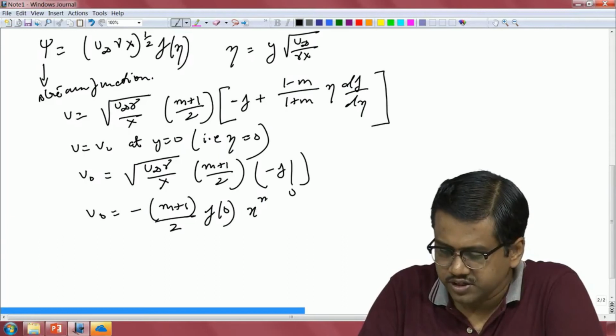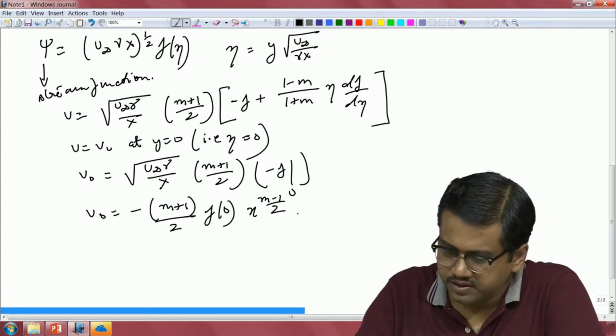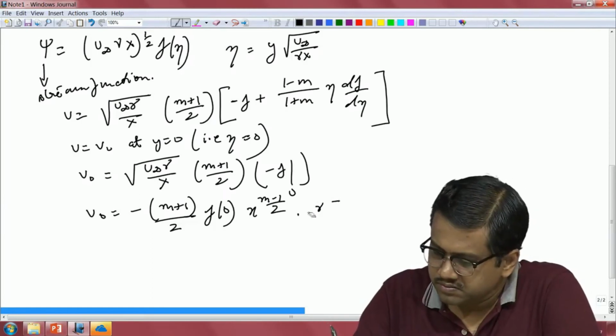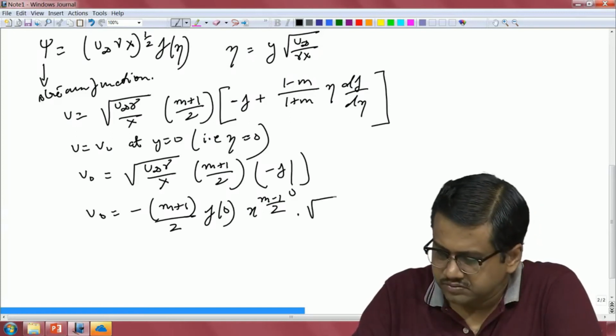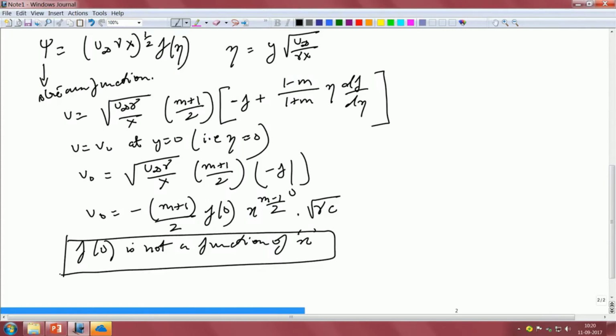Then x raised to the power of (m minus 1) by 2, multiplied by gamma. So this is the form that we have in this particular case. We also know that f naught is not a function of x.